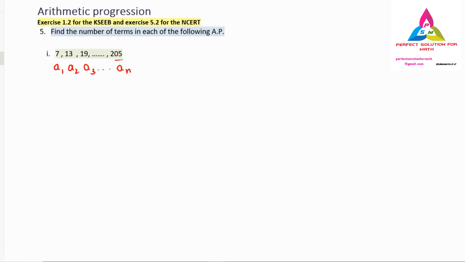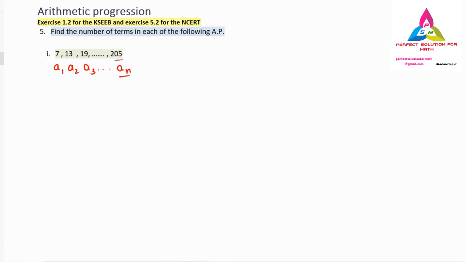So remember, how many terms are there here? We can't count directly, because the first three we can identify, but so on it continues. There may be 100 terms, there may be 17 terms, there may be 20 terms, we don't know, that we have to find. For that purpose we have taken the last term an as 205.